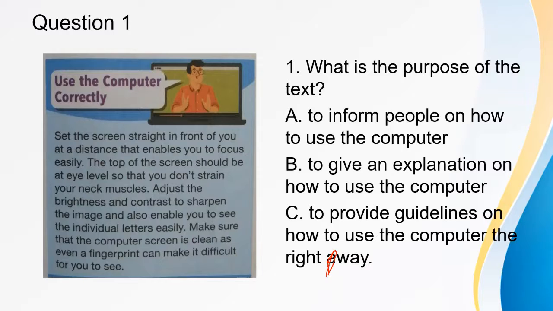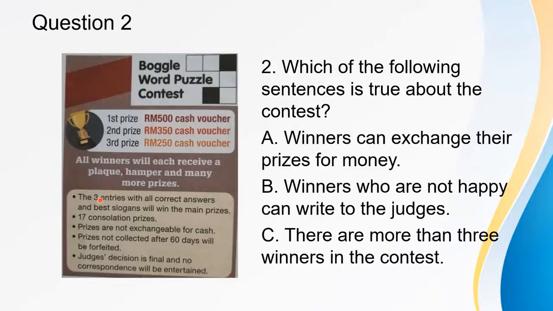Your answer for question number 1 is what? C. So, did you choose the correct answer? If yes, please put a tick here. So the answer is C. Please circle it. Okay, let us continue.